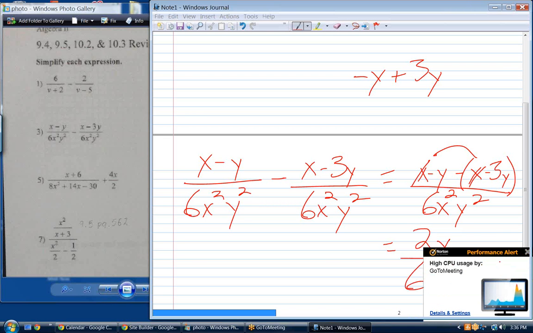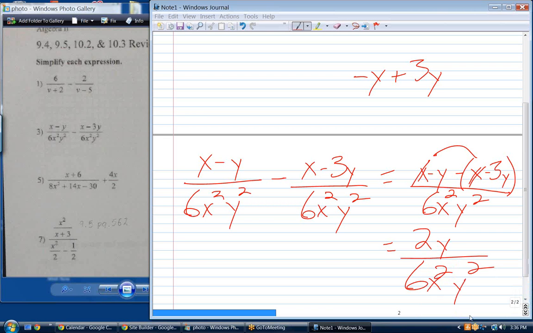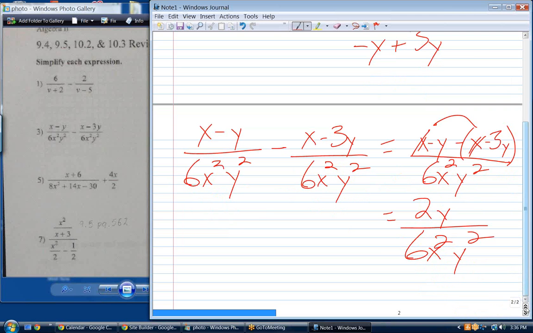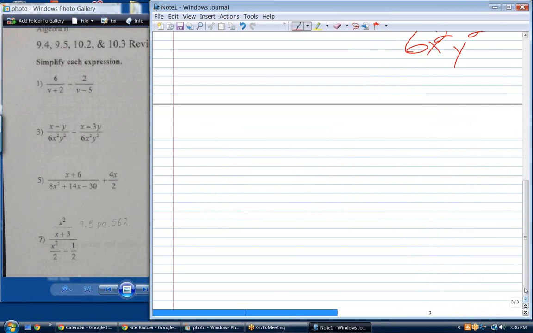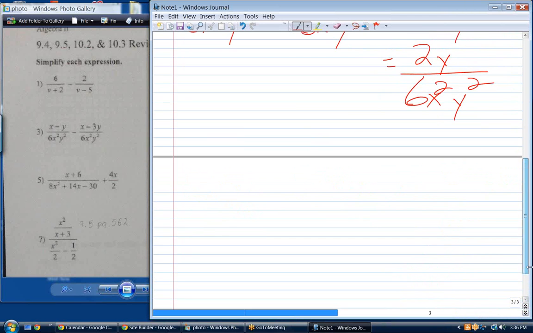Now how can I reduce it more? Just divide by the 2, so y over 3x squared y squared. Okay, and then I can do something with that y also. You're right there, but I can simplify it further because this is a y and this is a y squared. Can you subtract the y?